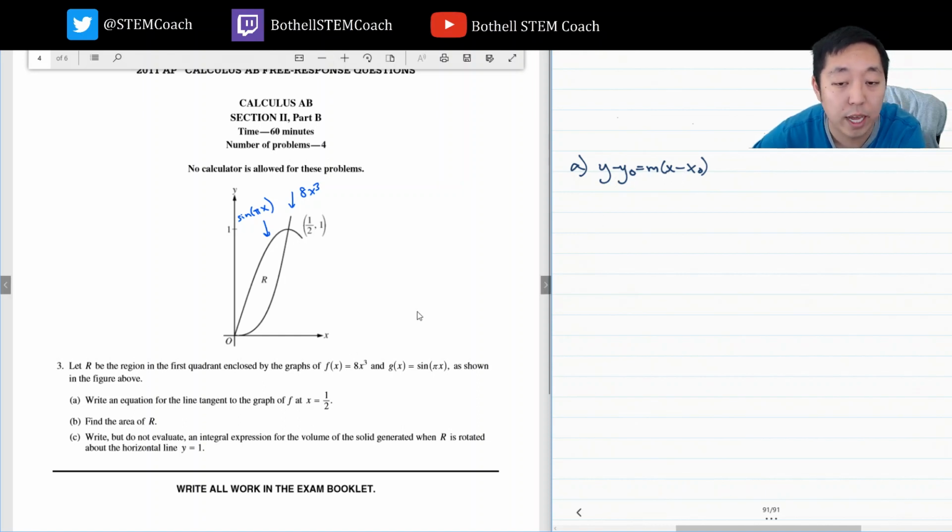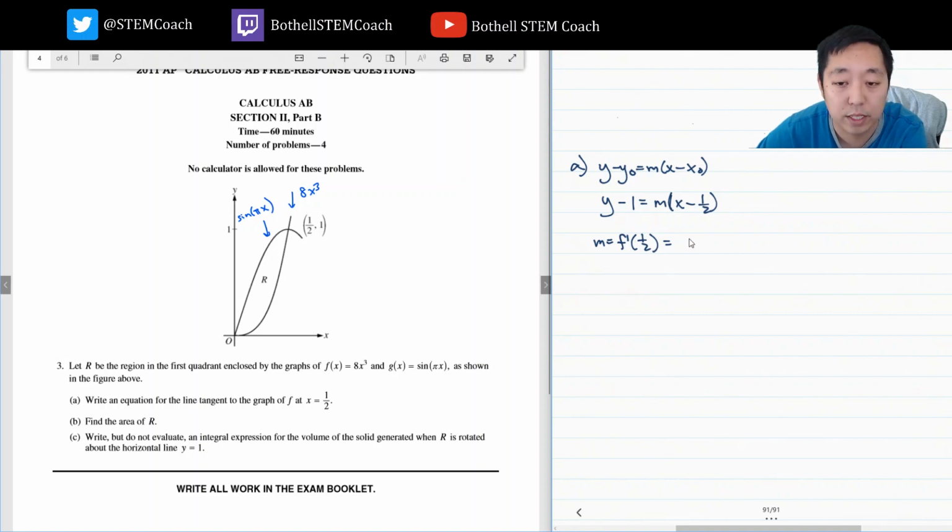Okay, so at x equals 1/2, we have the y value. It's 1. So that means y minus 1 equals the slope times x minus 1/2. So what I need to figure out is the slope. The slope is the derivative of f at 1/2.